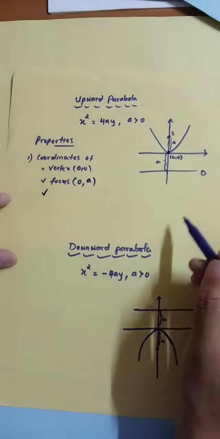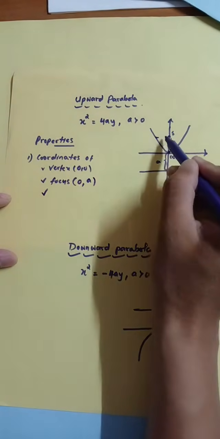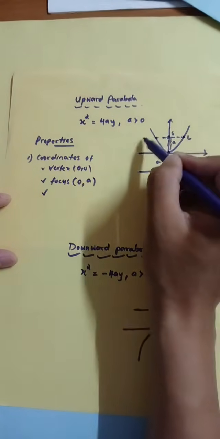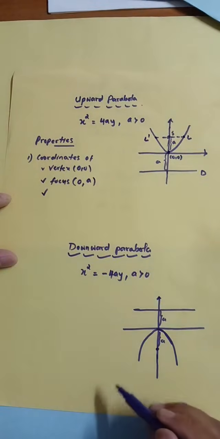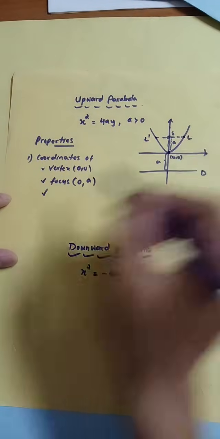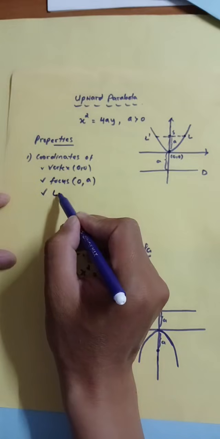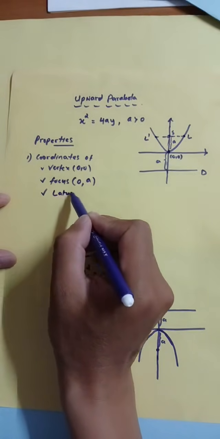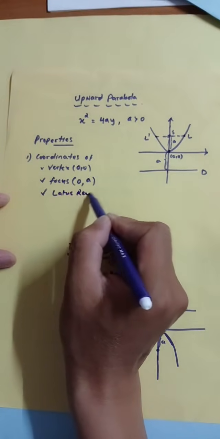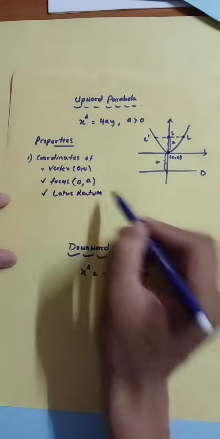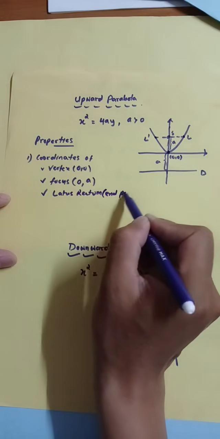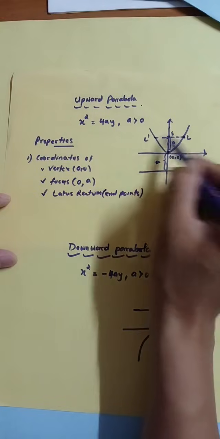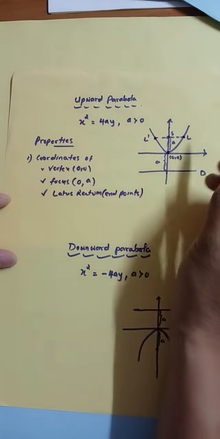The next is the latus rectum. So I need the L and L dash. Now the coordinates of the end points of the latus rectum. These are the end points.